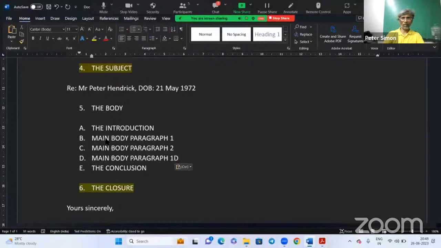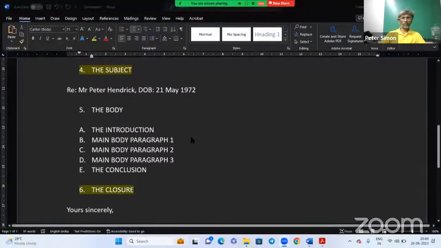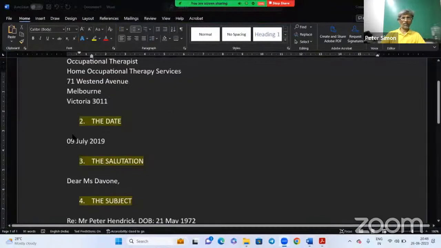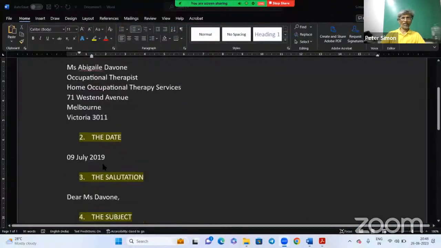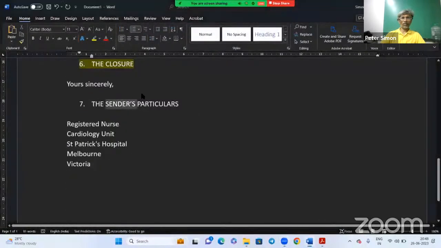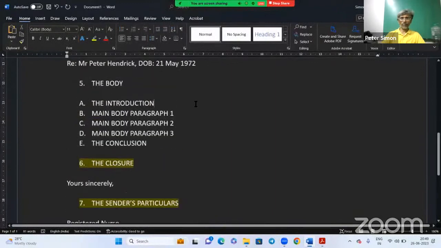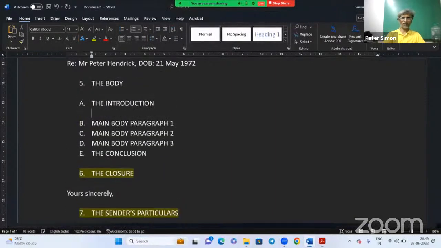Then main body paragraph 3. So that's what we are going to do now. 5 body paragraphs. Now we are going to the main body paragraph. First one will start with the introduction.